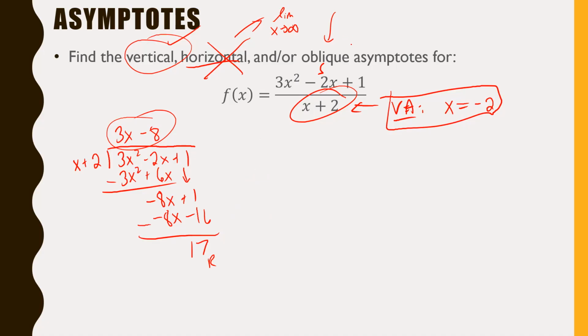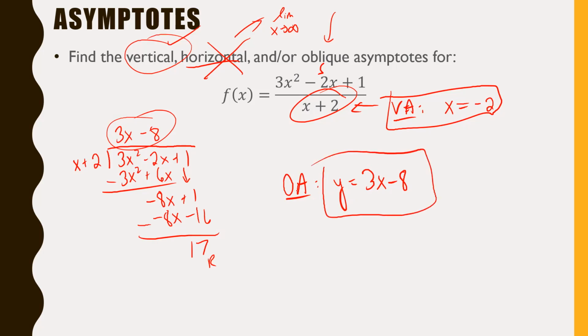So long story short, just for the purpose of finishing up this course, oblique asymptotes are just the end result from a polynomial long division when you're dividing a degree 1 higher than the bottom. So again, our oblique asymptote is going to be y equals 3x minus 8. And we do need the y equals because an oblique asymptote is an equation of a line, so an mx plus b. So there we go. That's what we got for that one.